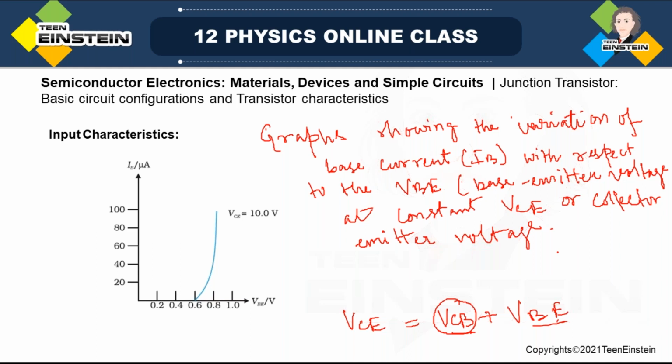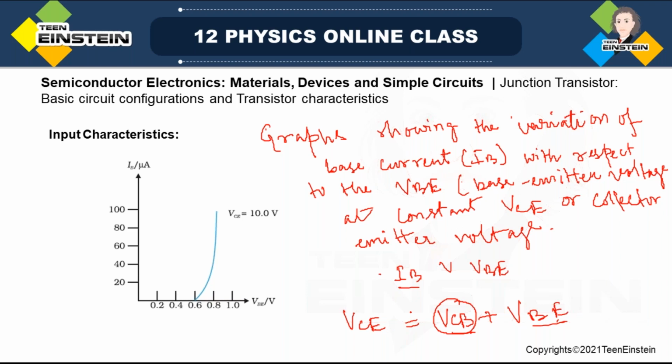That's why, when we are seeing the variation of IB versus VBE voltage, VCE has to be constant. But at the same time it has a very negligible effect, not much. It doesn't affect too much, it affects negligibly small.